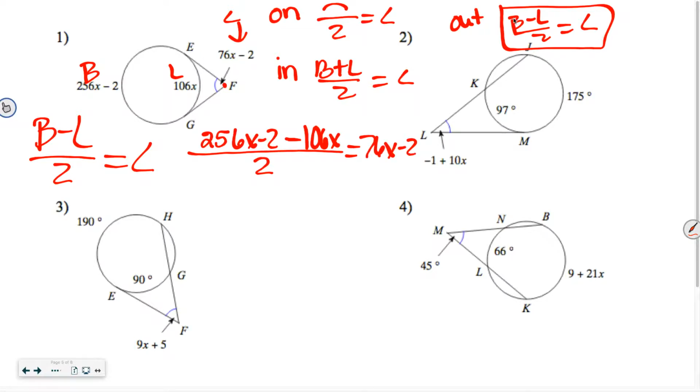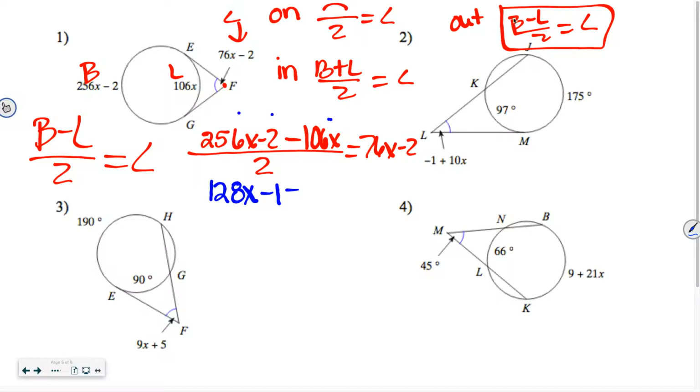minus 2. This looks like a really complicated problem, but I noticed something about it which will make it easier. All of these numbers are even. Since they're all even, I'm going to divide them by 2. So 256 divided by 2 is 128, so I have 128x, and 2 divided by 2 is 1, minus 1.